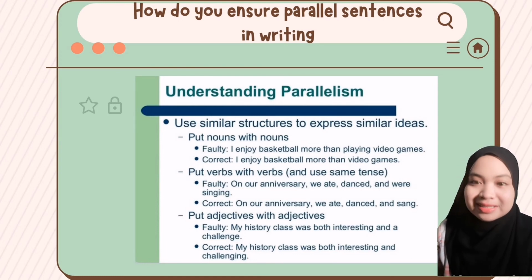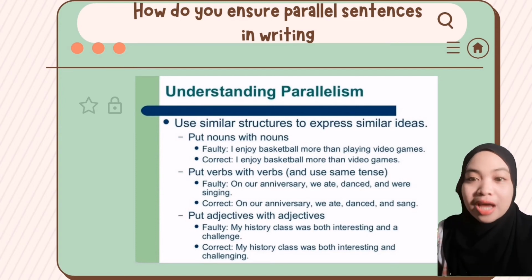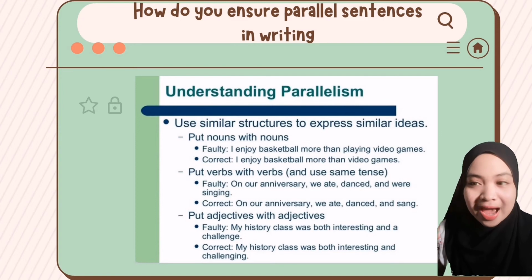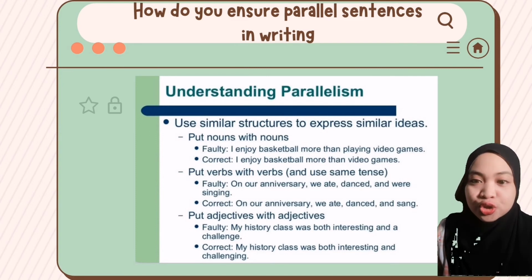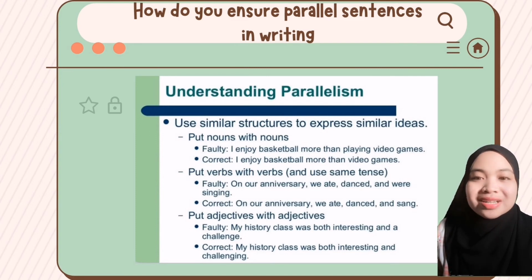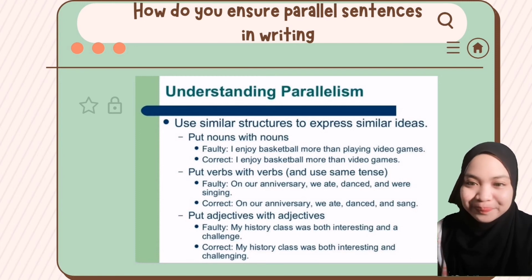To correct it: "On our anniversary we ate, danced, and sang." The word "singing" is present tense, so we need to use "sang", which is all in past tense.